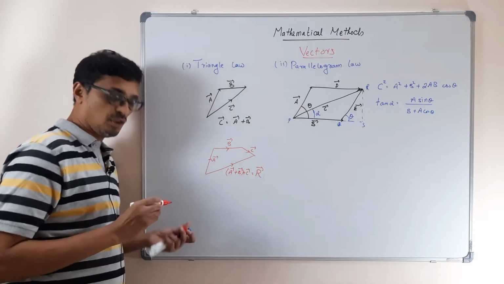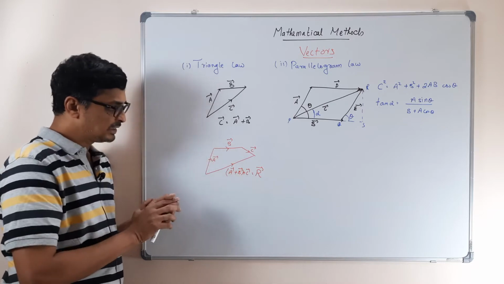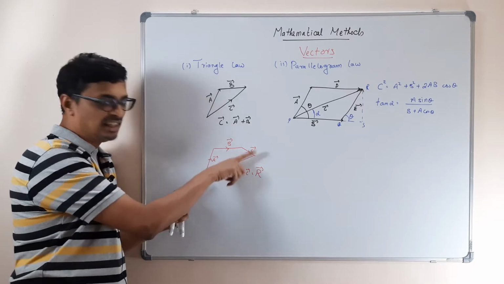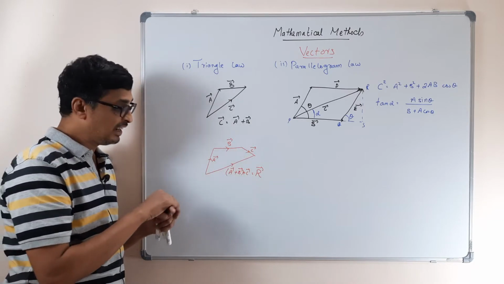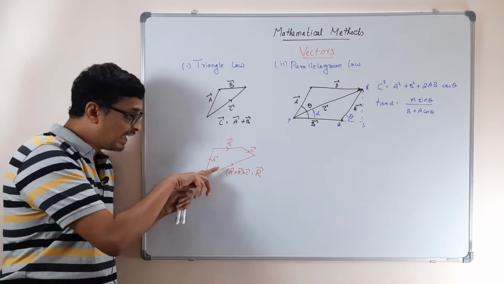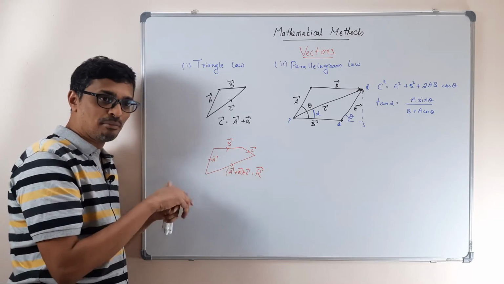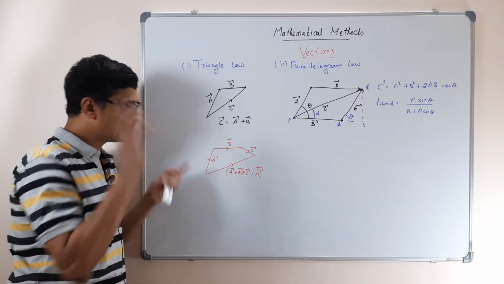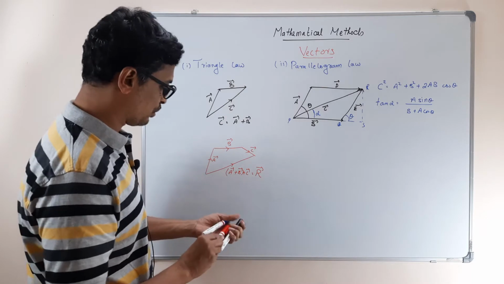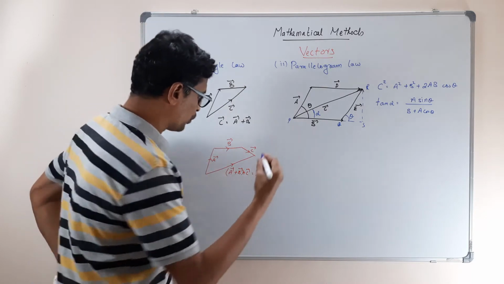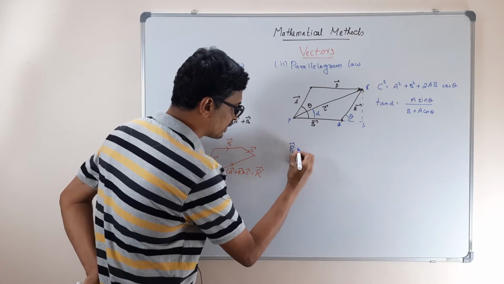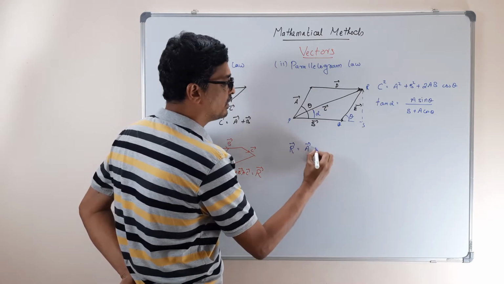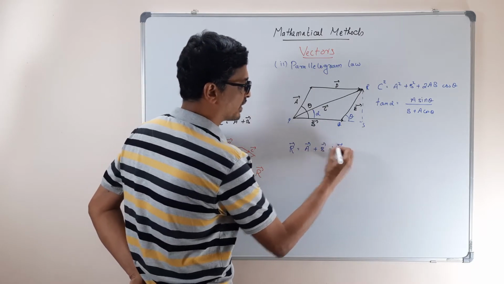So what it says is, a combination of all these vectors can be represented by a single vector. Or, inverting the problem, any single vector can be represented as a combination of many vectors. Let us take the same problem. If I give you R vector, that can be written as A vector plus B vector plus C vector.